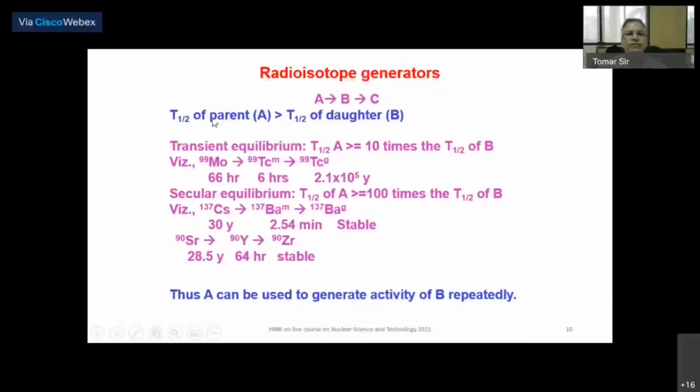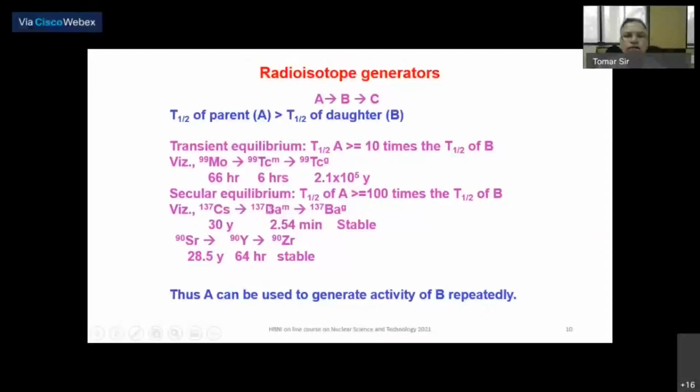Another case is when the parent is very, very long lived, more than 100 times the daughter half-life, then you have a secular equilibrium. Secular means the activity of the daughter becomes equal to that of the parent once the equilibrium is established. An example is 137 cesium, 30 years half-life, going to 137m barium, 2.54 minutes half-life. So the parent is very, very long lived compared to the daughter.